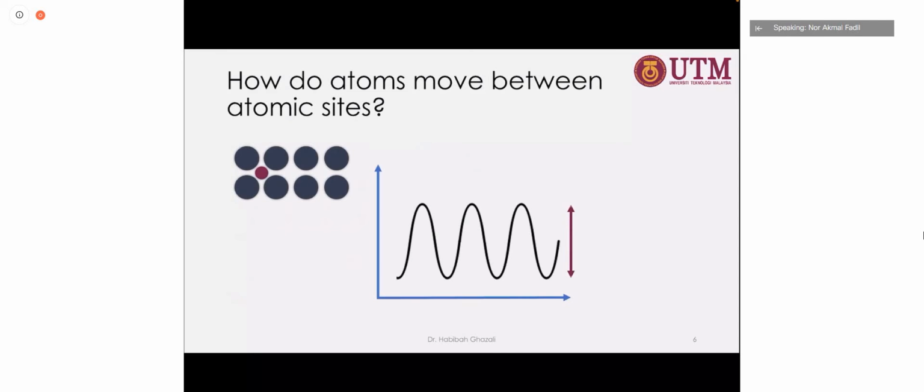So how does an atom actually move between atomic sites? Based on the energy diagram, this minimum, lower position indicates the stable atomic site. It feels comfortable at this position because it doesn't do any work to be there.